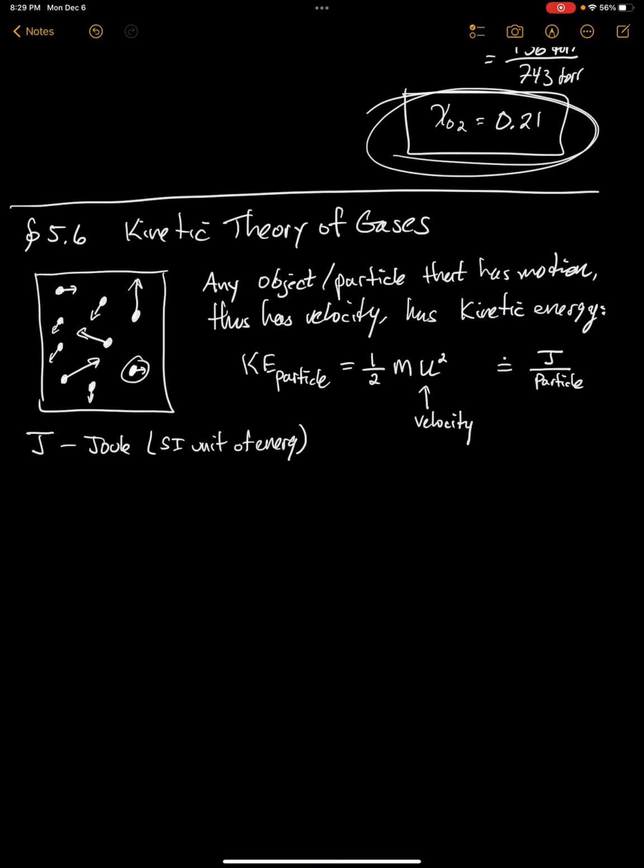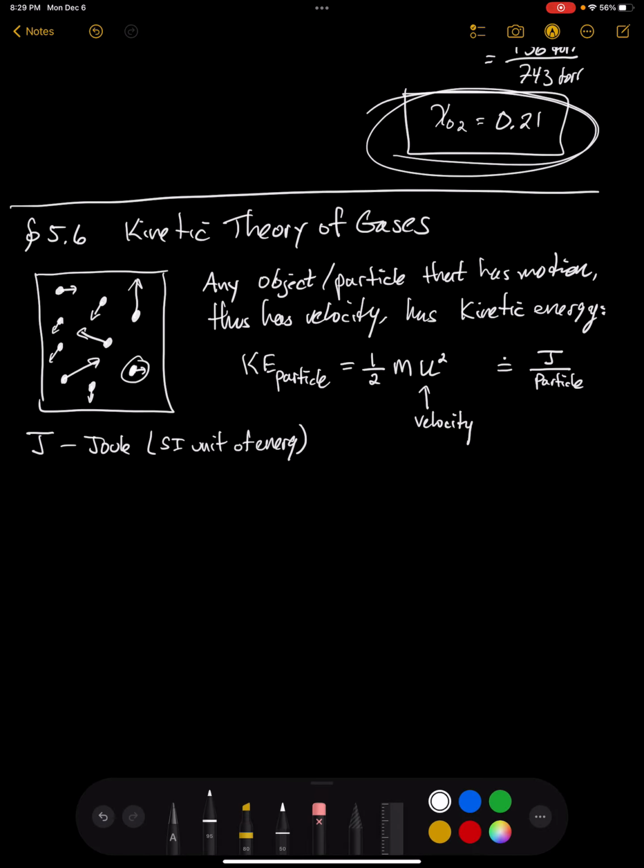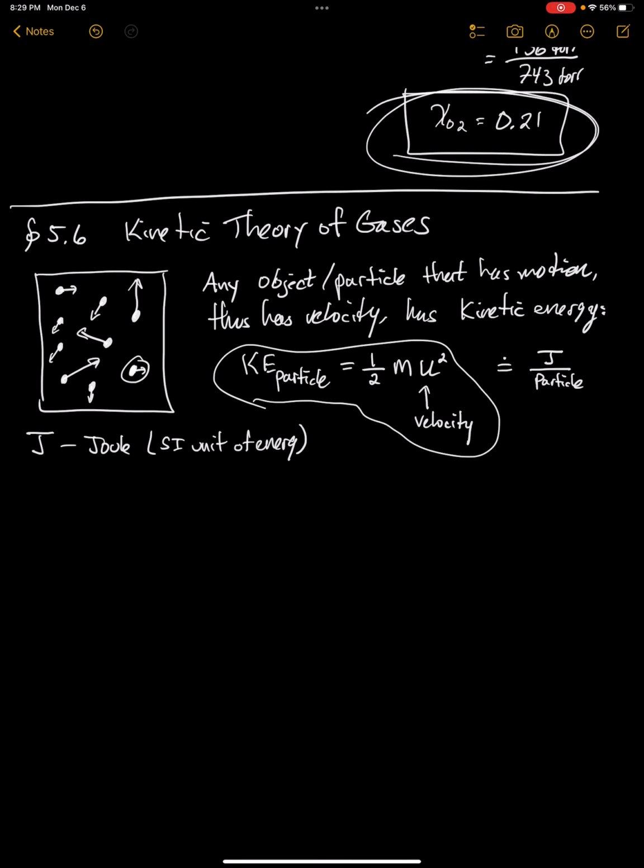Okay, so if we recognize that this is the kinetic energy of just one particle, but we actually have a collection of particles here, right? So we have a system, which is to say that we have moles. We have a mole of particles in our system.